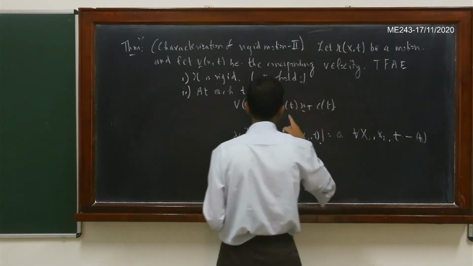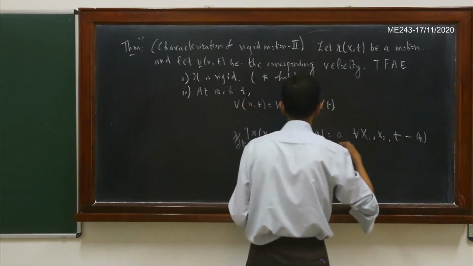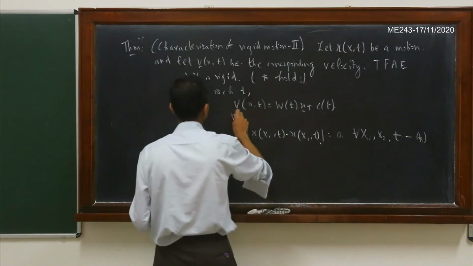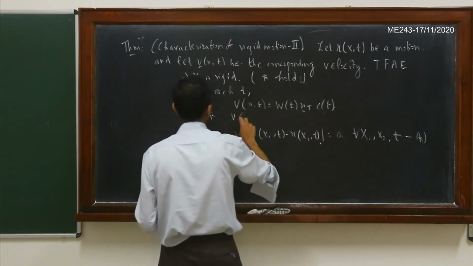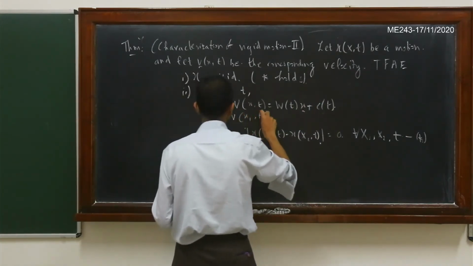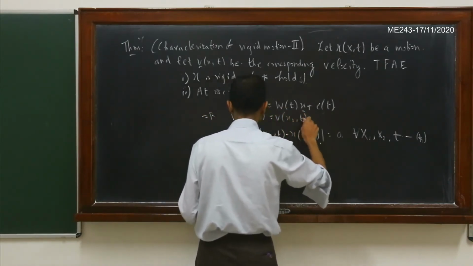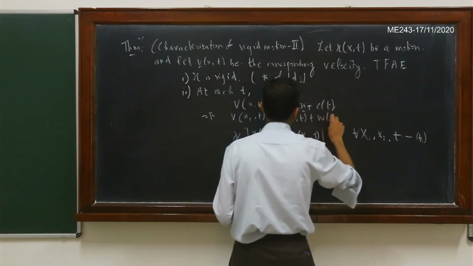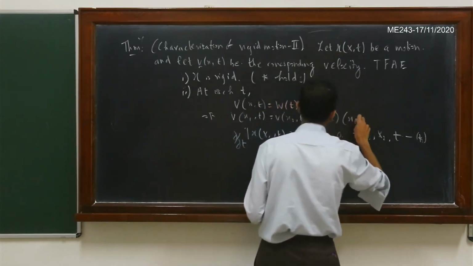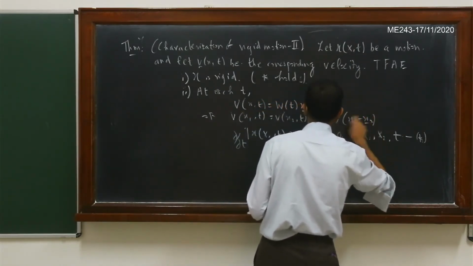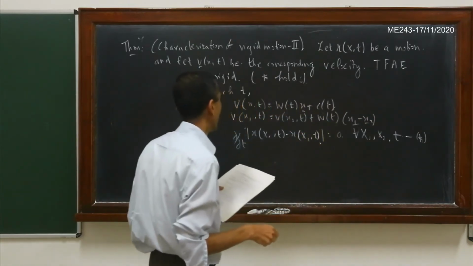Or this can also be expressed in an alternative form: V at x1 comma t is equal to V at x2 comma t plus W of t times x1 minus x2. This is just an alternative form of the same statement.